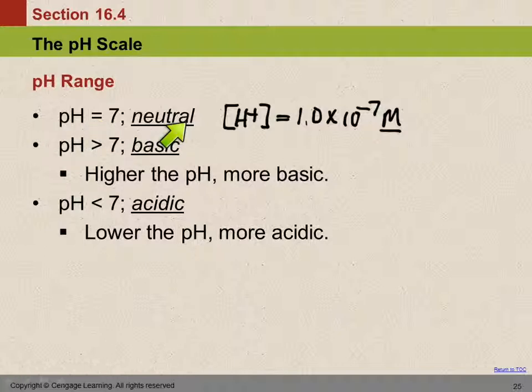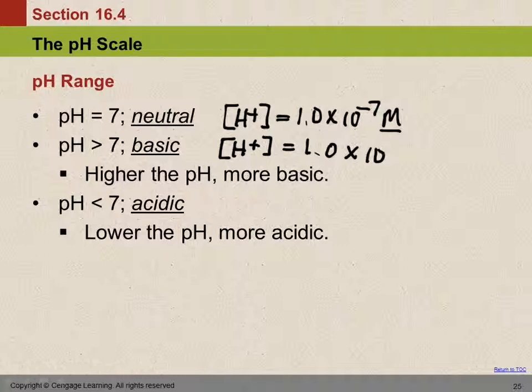That's neutral. If the pH is greater than 7, we have a basic solution. So in a basic solution, the hydrogen ion concentration is less, right? And the hydroxide is higher. So in a basic solution, what's a possible concentration? 1 times 10 to the what? What would be smaller than negative 7? Negative 9.